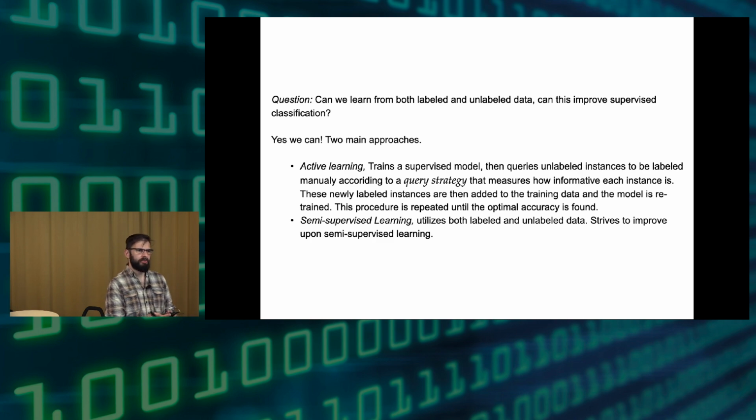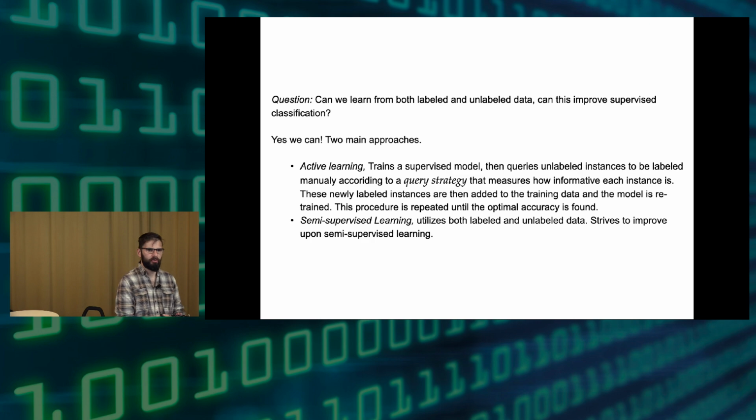Active learning is when you train a supervised model and then you query unlabeled instances according to some measurement called a query strategy. Each query strategy measures the informativeness of each unlabeled instance, and the ones with the best measure are usually included into the labeled data.